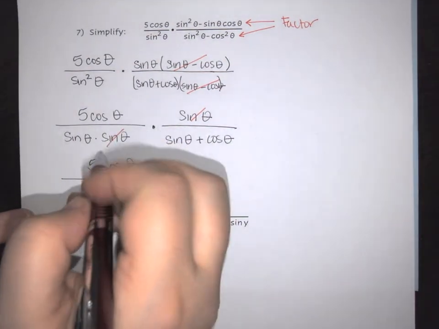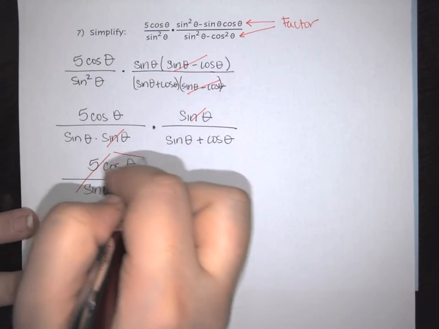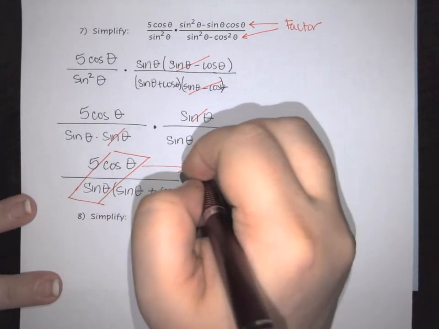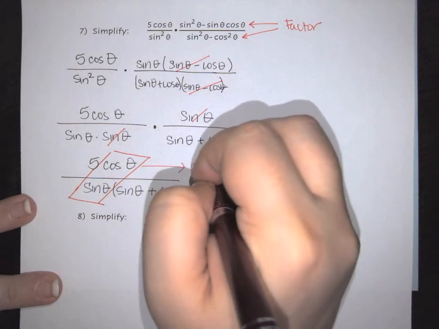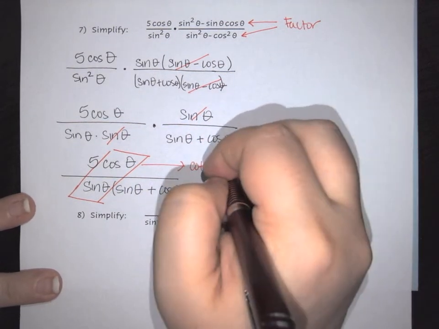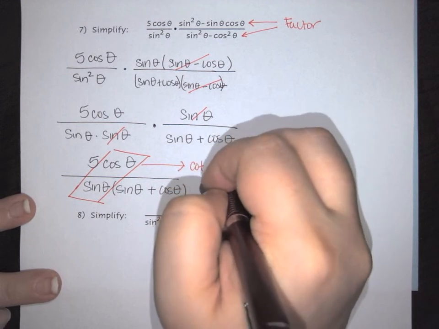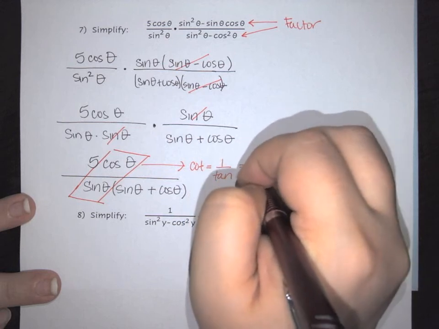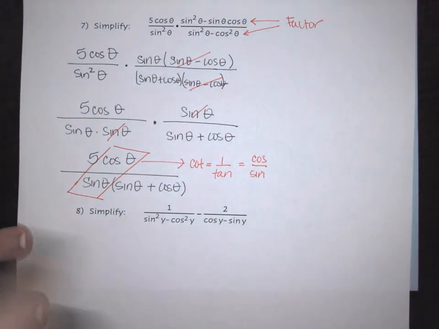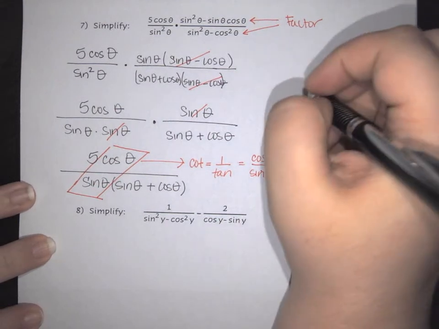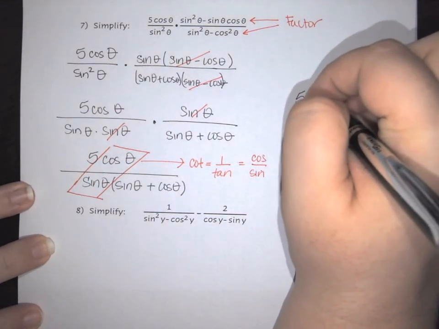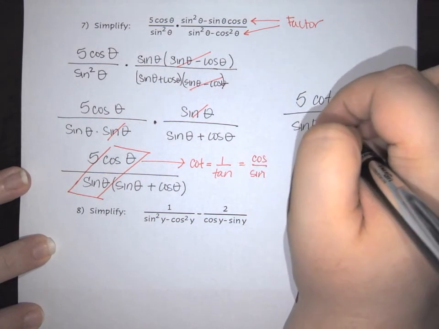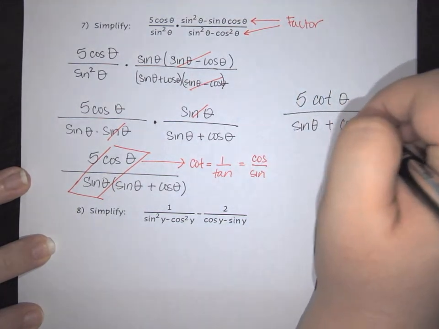Now the other place I need to look is right here. And what I need to remember is that cotangent is the same as 1 over tangent, which is the same as cosine over sine. Therefore, I can rewrite this to say 5 cotangent of theta all over sine of theta plus cosine of theta.